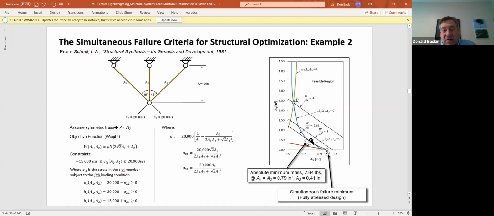We did what's called multidisciplinary optimization, where we used finite element analysis under a variety of different loading conditions, impact and torsional and bending stiffness, maybe 11 different loading cases. And it actually turned out that we could get a lighter solution by thickening some panels and thinning some panels. So some panels were thicker than they needed to be, even based on the stress that they were handling. So the fully stressed design, the simultaneous failure criteria, is not always going to be the lightest design. I want you to remember that.